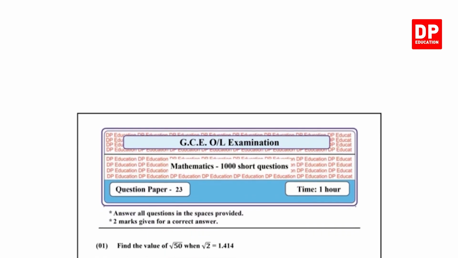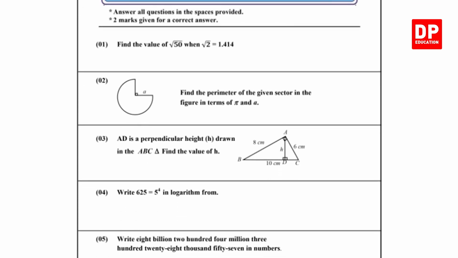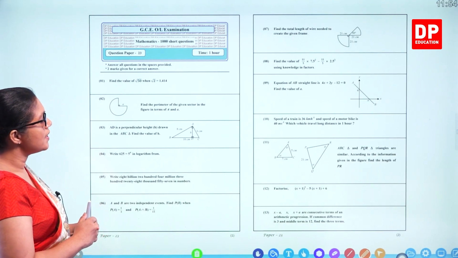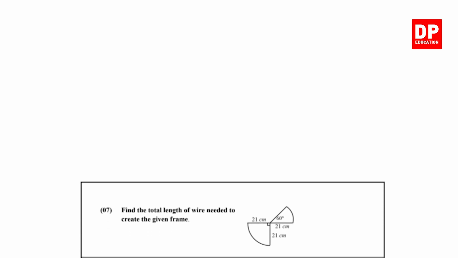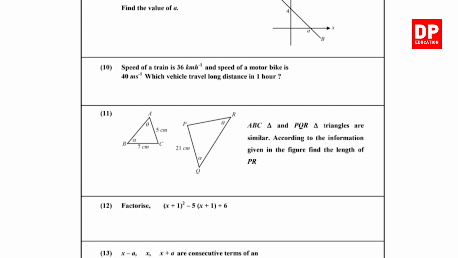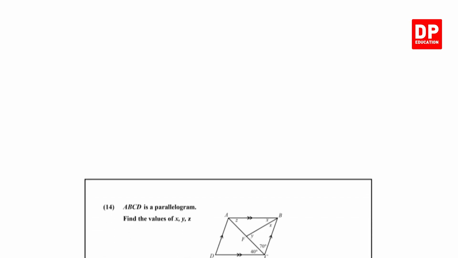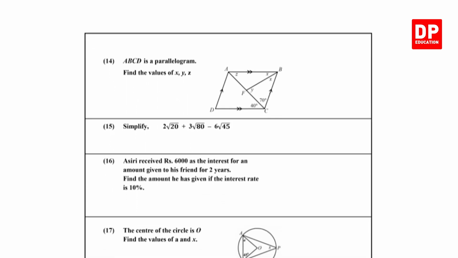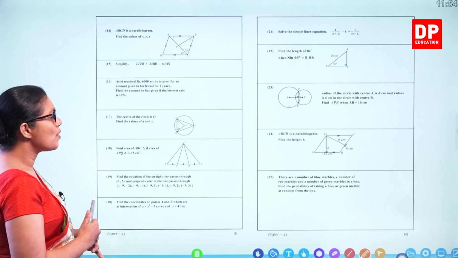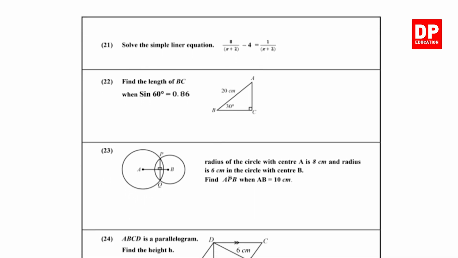Question numbers 1 to 6 are on the first page, question numbers 7 to 13 on the second page, question numbers 14 to 20 on the third page, and question numbers 21 to 25 on the fourth page.